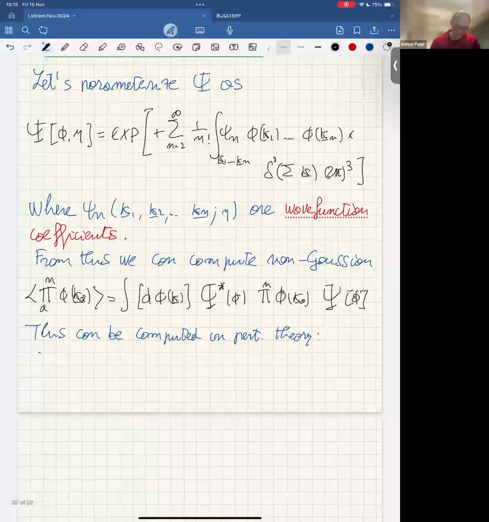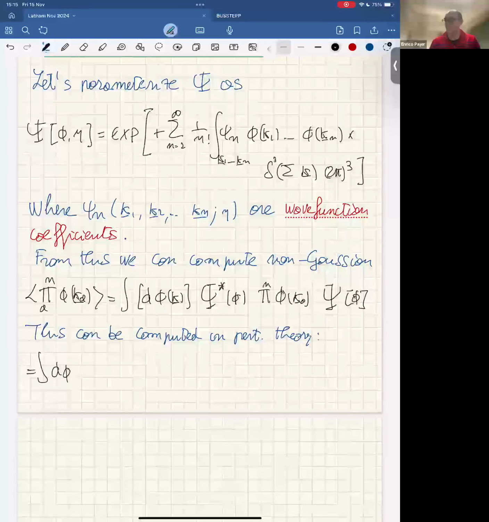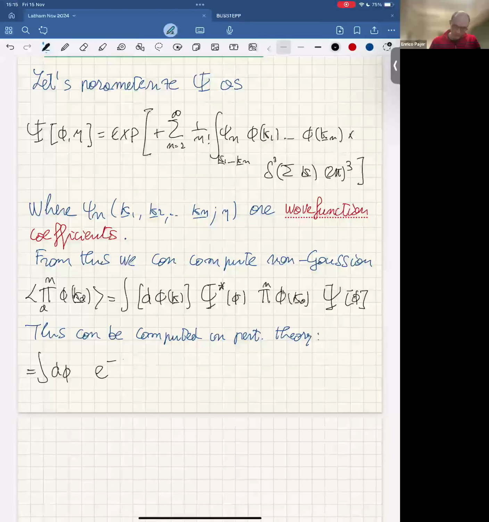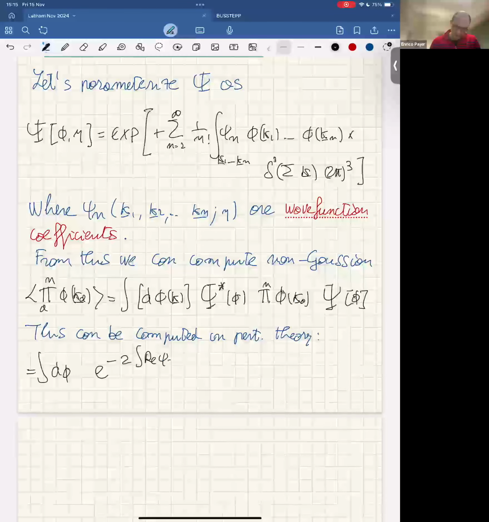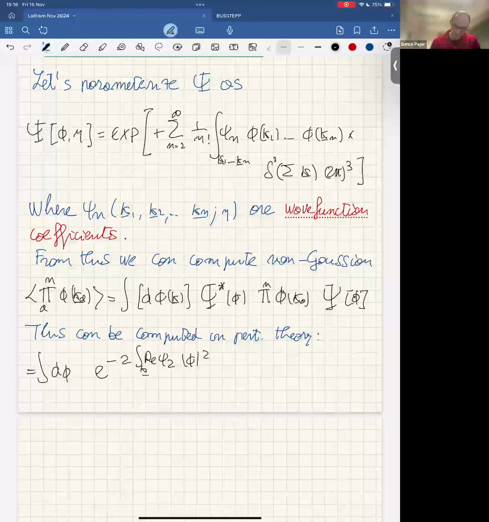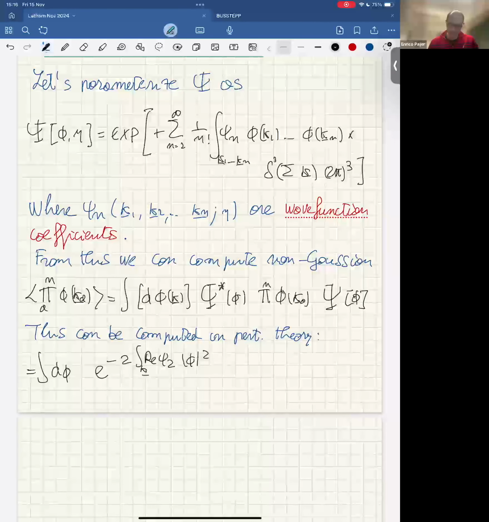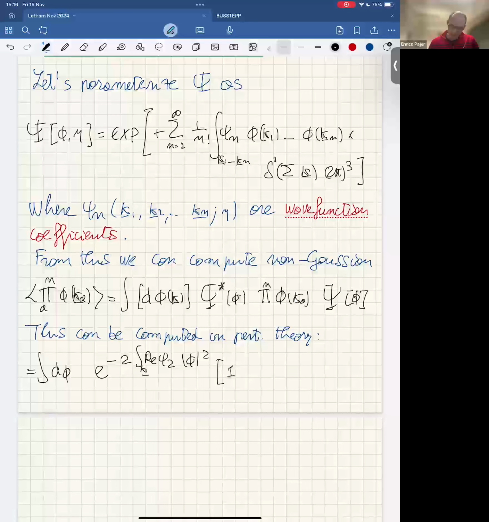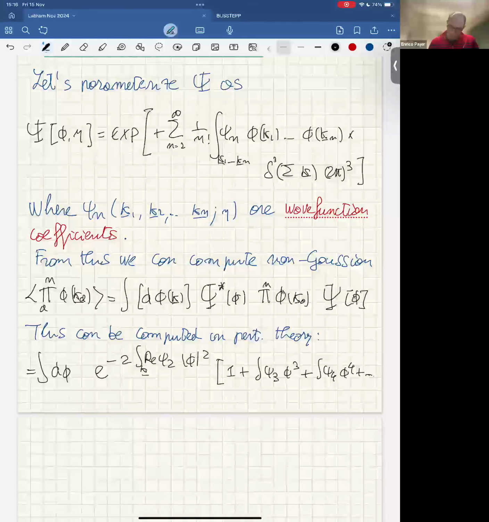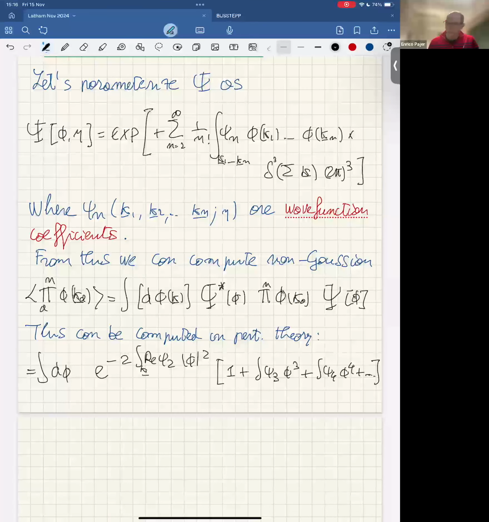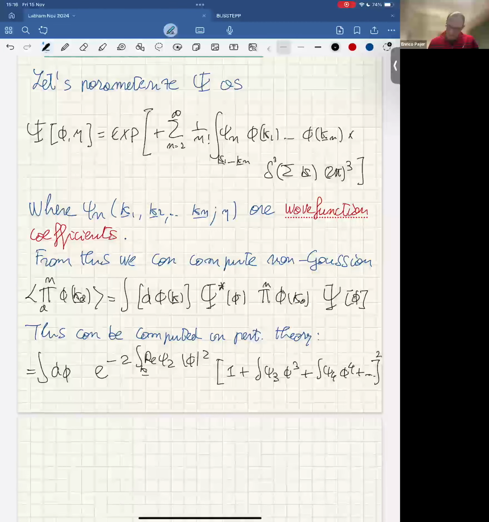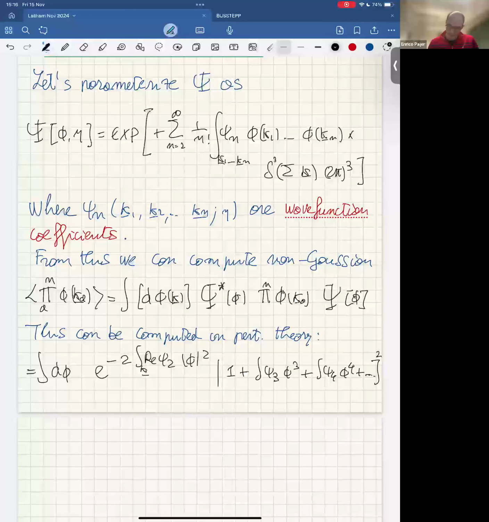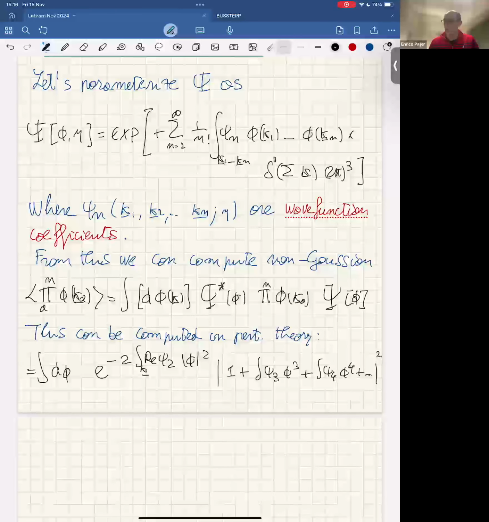And if I evaluate this expression in perturbation theory, I have e to the minus 2 integral real part of psi 2 phi mod squared from the Gaussian part of the wave function. And then the non-Gaussian part, I expand it. I will have 1 plus integral of psi 3 phi cubed plus integral of psi 4 phi to the fourth plus dot dot dot. And this will appear as the norm squared of this, because it's the norm squared of the wave function.